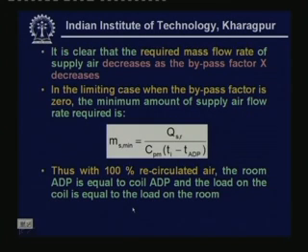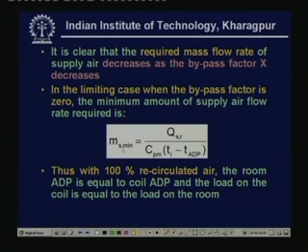In the limiting case, when the bypass factor is 0, the minimum amount of supply air flow rate required is given by this equation: the sensible heat load on the building divided by the specific heat of the moist air multiplied by Ti minus TADP.